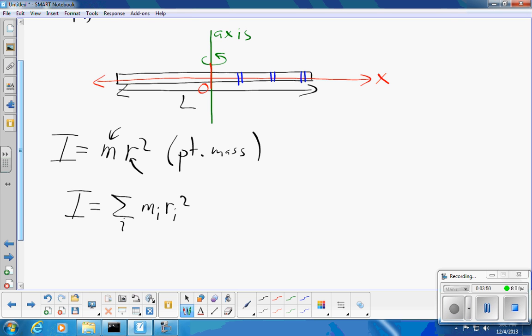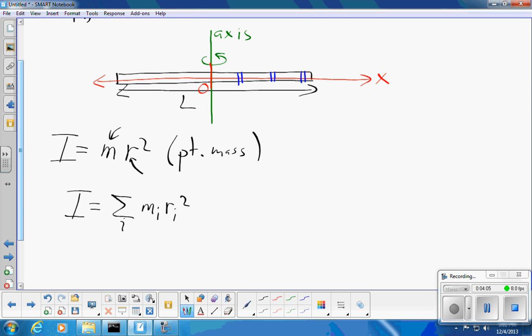This, of course, is looking an awful lot like what we did when we were finding center of mass of extended masses. A lot of what we're going to be doing is in common. In fact, it's essentially identical. The difference is that the actual equation we're going to be plugging these values into is a bit different.